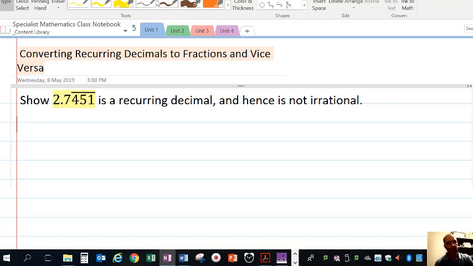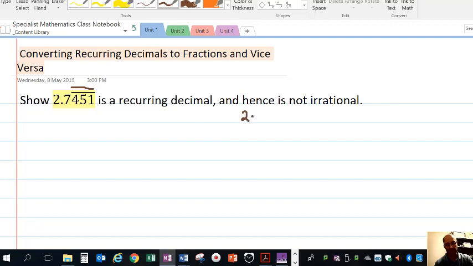So let's make sure we understand that for the number 2.7451, the recurring bar is only over the last three digits. If we wrote that out in expanded form, we have 2.7451451451. You get the picture.